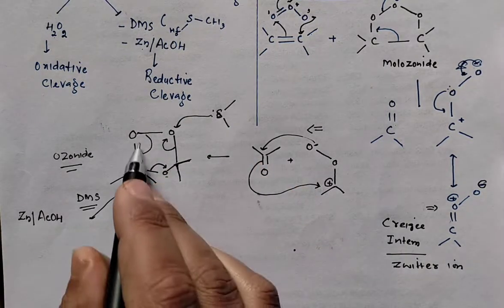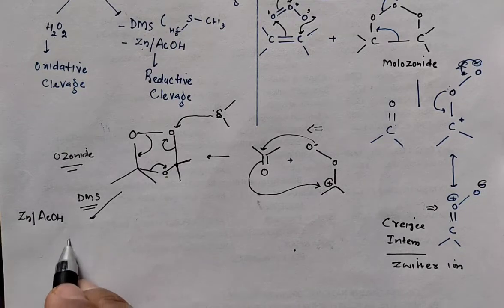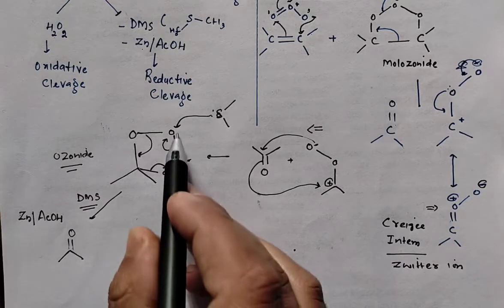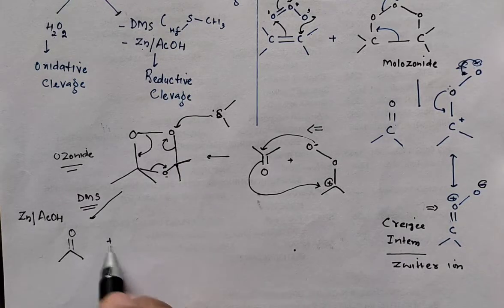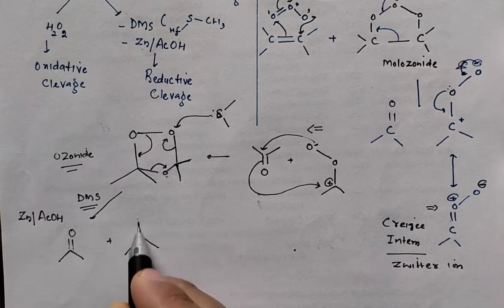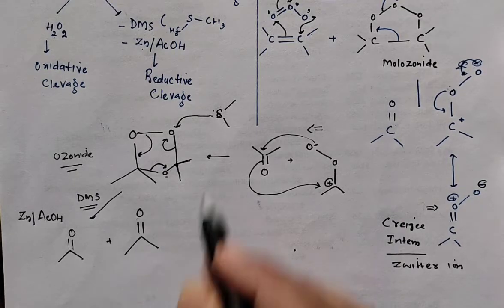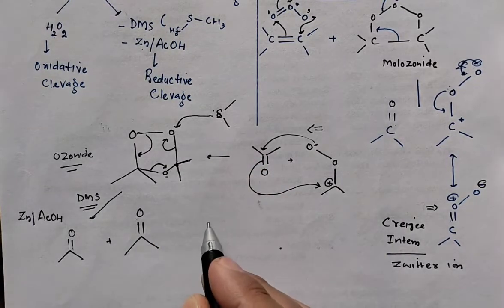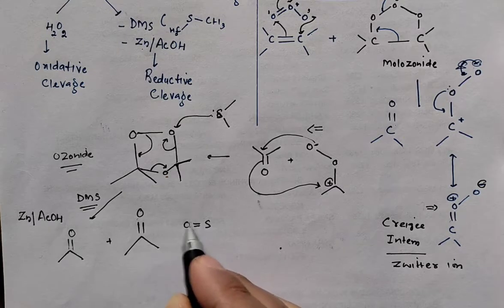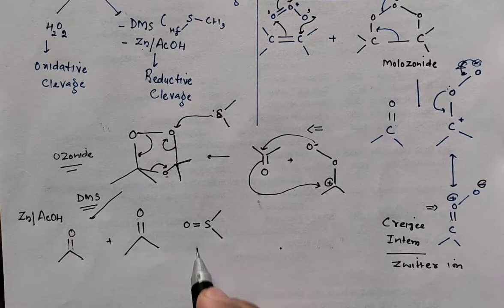So from here a carbonyl forms, and then you have a carbonyl here formed, and then here you take an oxygen, so it forms dimethyl sulfoxide. So this is your DMSO, which you use as a solvent in organic chemistry. So dimethyl sulfoxide is also formed here.